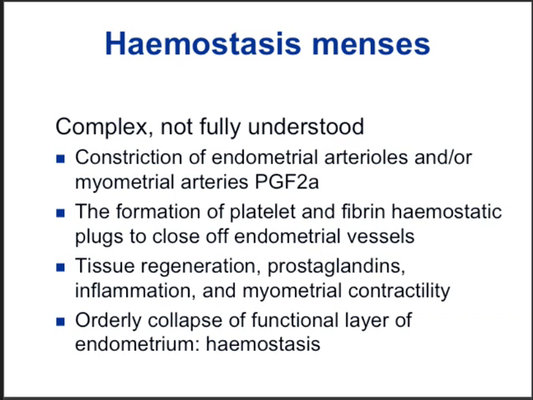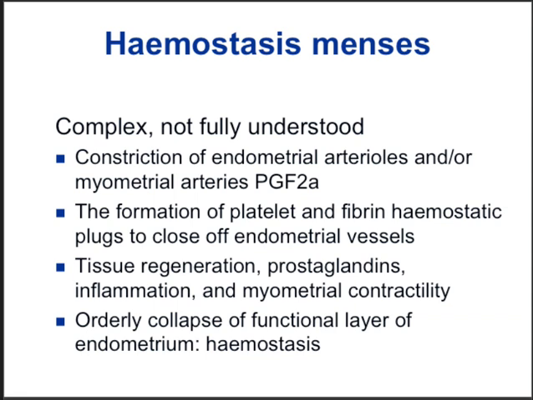Usually the normal hemostatic mechanism means there's vasoconstriction of endometrial arterioles and/or myometrial arteries, thanks to a very potent vasoconstrictor and myometrium constrictor agent, prostaglandin F2 alpha. There is formation of platelet and fibrin as a hemostatic plug to close off endometrial vessels.